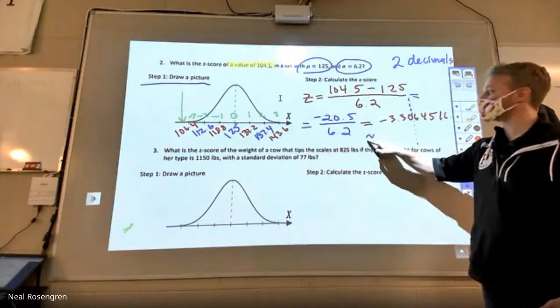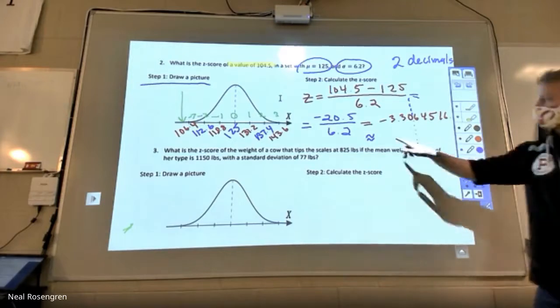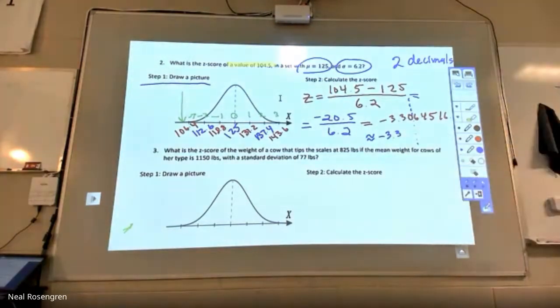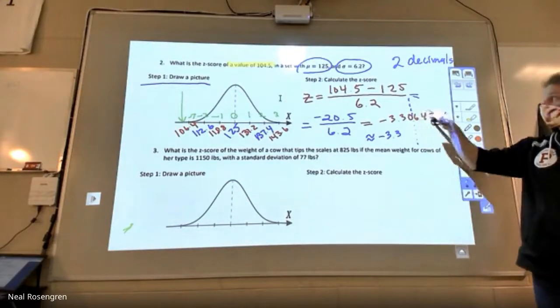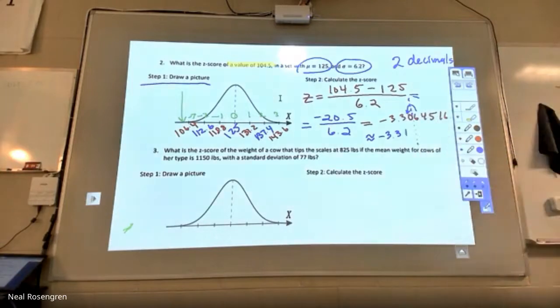So approximately what? If we're going to round, it's nice to put that little squiggly equal sign so we know we rounded. So negative 3.3, and I have to figure out what that second decimal is. Should I keep it as a 0, or bump it up to a 1? 5 or above, give it a shove, negative 3.31. That's my z-score for that value.